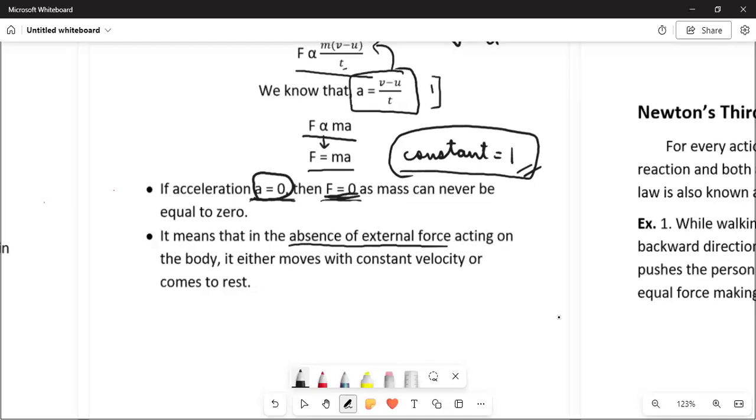It means that in the absence of external force acting on the body, it either moves with constant velocity or remains at rest.